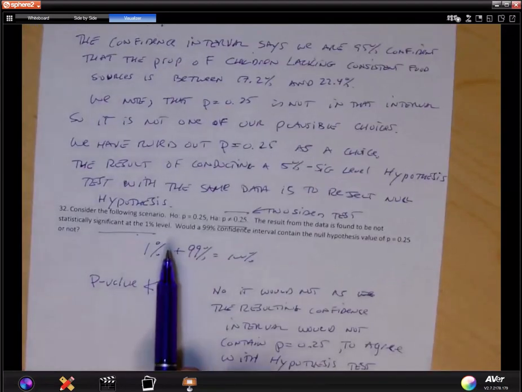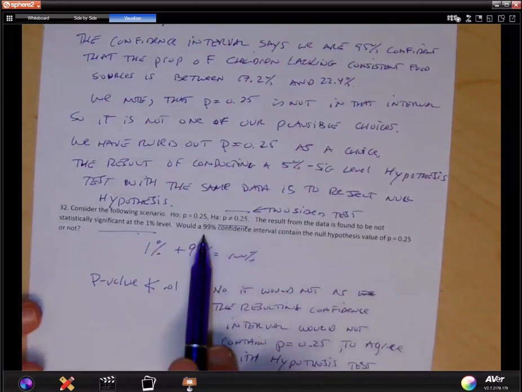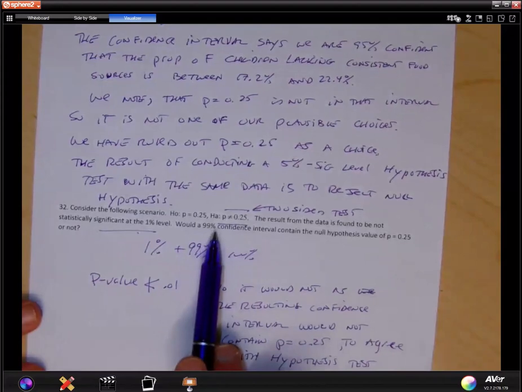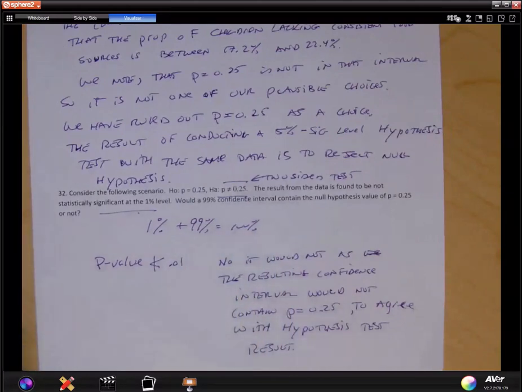So one rejects, the other one should reject. If one accepts, one should accept. But again, accepting or rejecting in a confidence interval is determined by whether the population proportion is inside the interval or is not inside the interval, or null, what we think is the true population proportion.